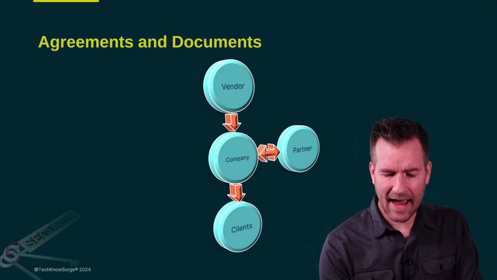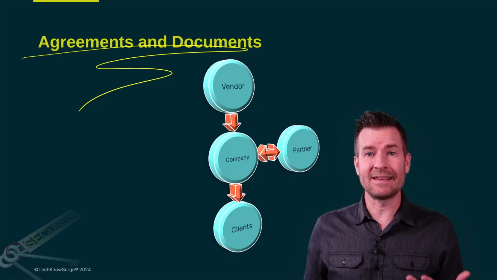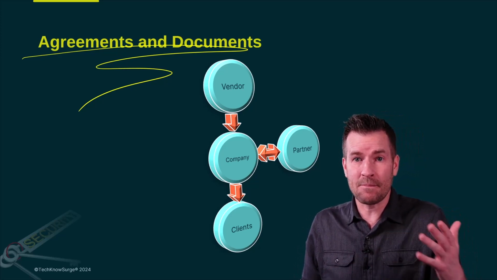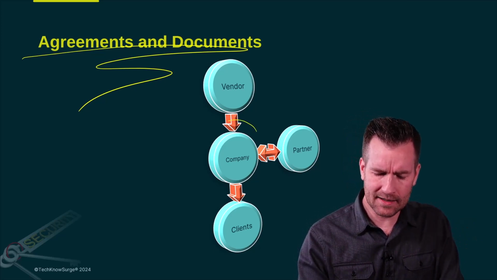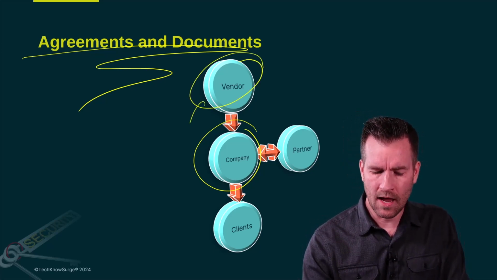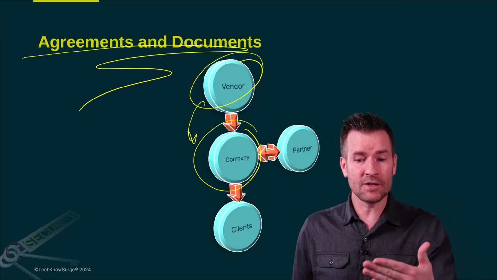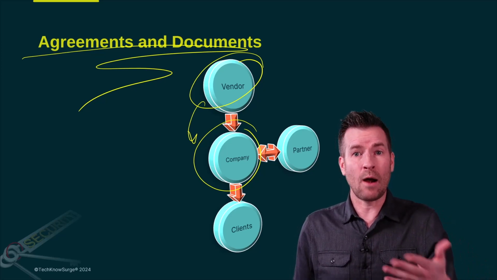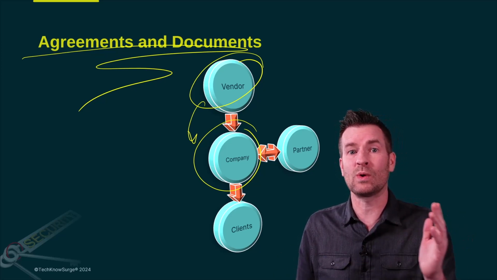One example of that is the agreements and documents. A lot of the same agreements and documents are going to be set up between these different relationships. As an example, our company may require a non-disclosure agreement from our vendor. That is, we are going to turn over some sensitive information to this vendor, and we're going to require them to make sure that they don't turn that information over to anybody else.